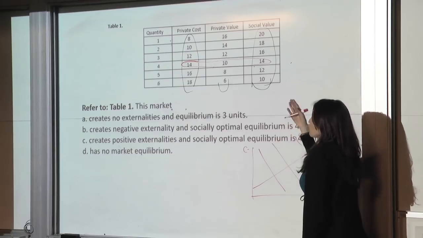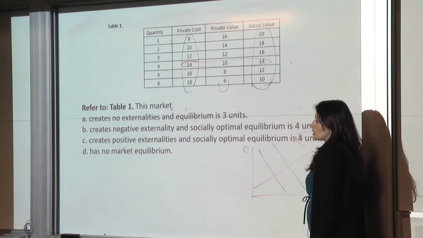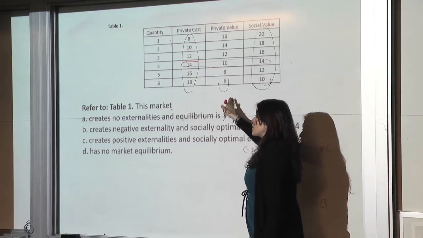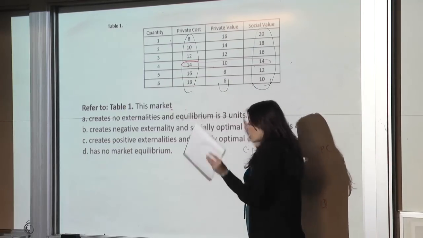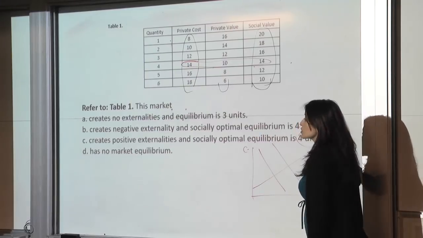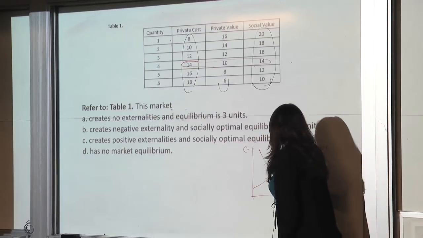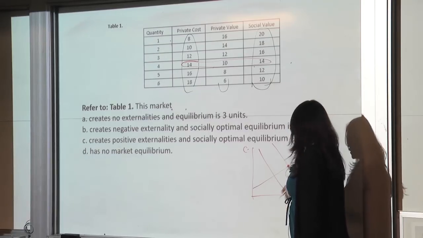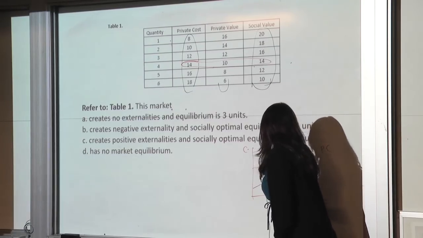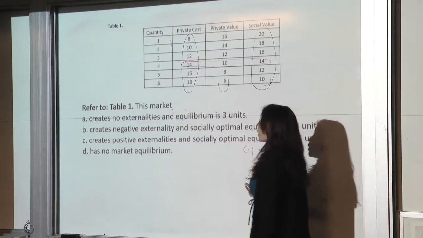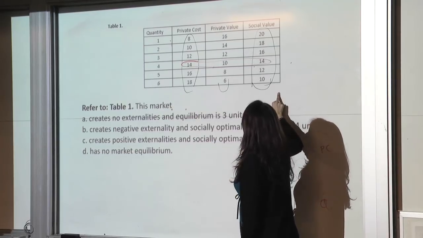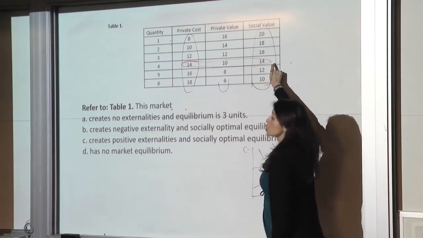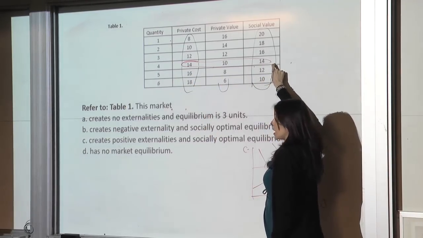If they are not giving you social cost, it's because the private cost is equal to the social cost, right? But they are telling you that there is a private value and a social value. And in the whole market, you have to compare the cost with the social value. So you have to find the equilibrium point between social value and private cost, which will be this, right? The point in which they are equal. At which point are they equal? When private cost is equal to 14 and social value is equal to 14, okay?